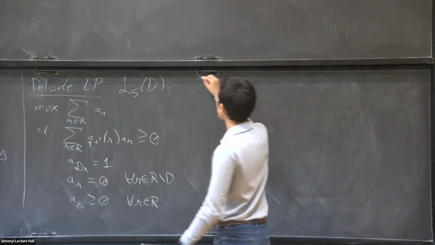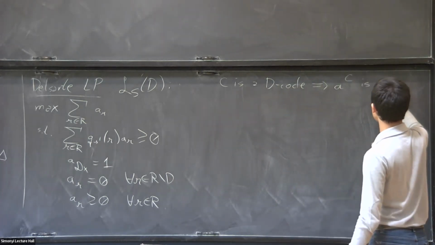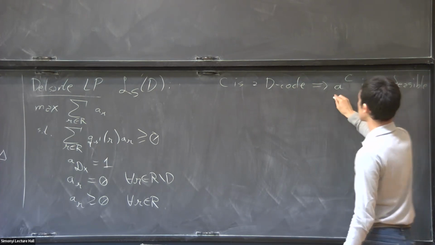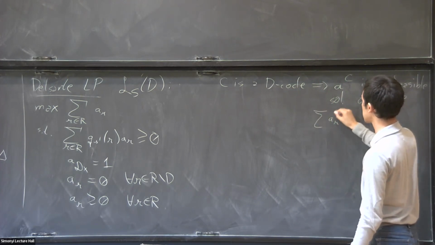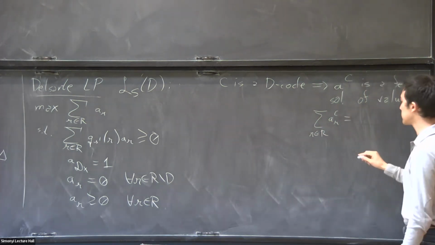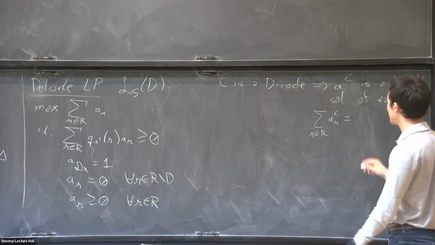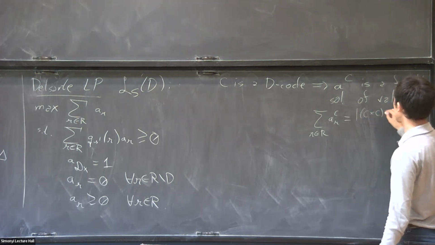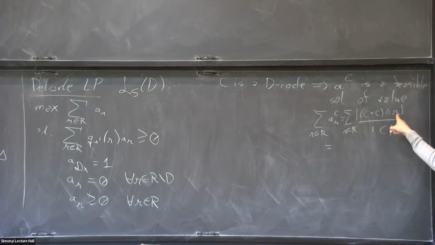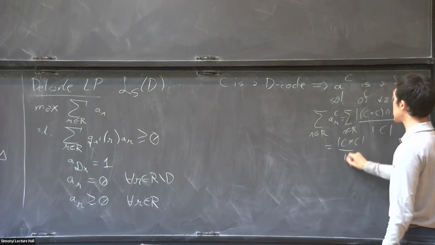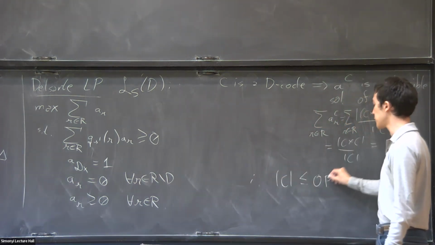So the point is that if C is a D code, then A_C is a feasible solution, and its value is the sum of the A_R's, which gives you C cross C over C, which is just the size of C. In other words, the size of the code is always less than or equal to the optimal value.